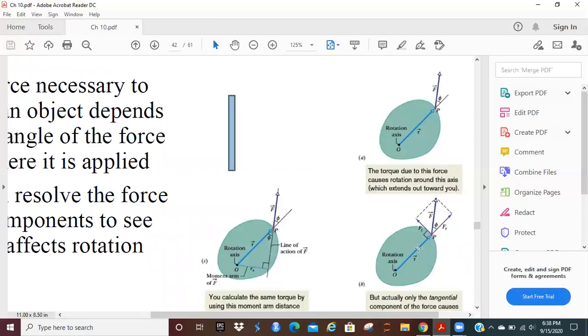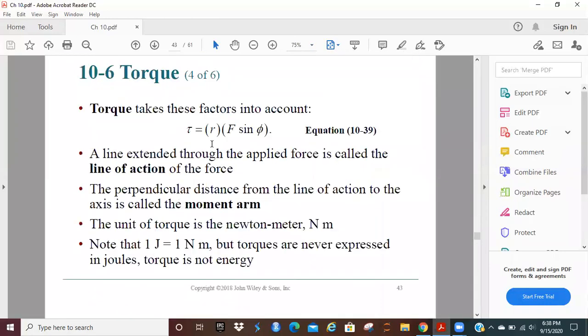They make an angle with each other. So the sine of that is going to be taken into consideration as far as the application of torque. And if you remember your trig, you will remember that the sine of 0 is 0. So if they're all in the same line, you're not going to get any torque. It's only when you get to the point where you're pushing perpendicular to the radius that you're going to start seeing a maximum amount of torque applied.